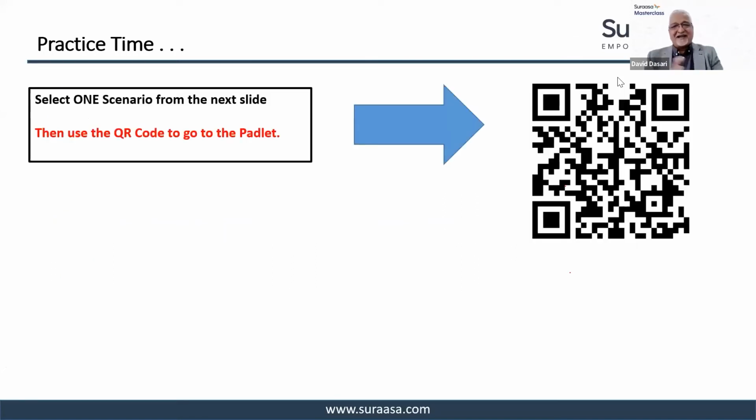Now, let's do some practice. Are you guys ready? Okay, I'd like you to use, and in the chat room right now, one of my colleagues is putting the web address of this Padlet. Okay, so it's being put on right now. There you go. All right.